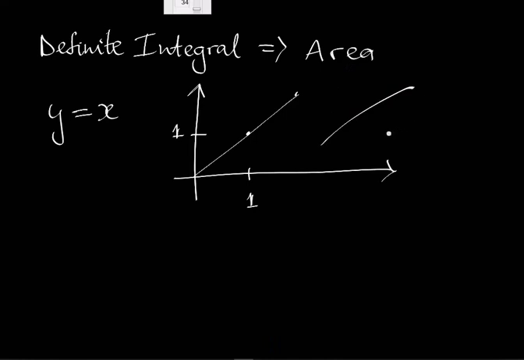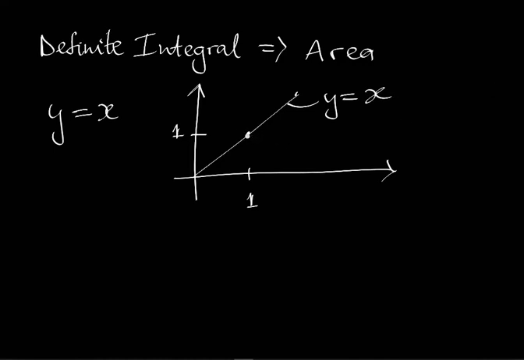Is that one visible? Okay, anyway, let's just work with that. So we have those points there, and y is equal to x, that's the line.